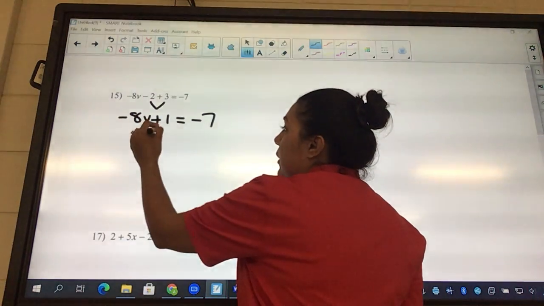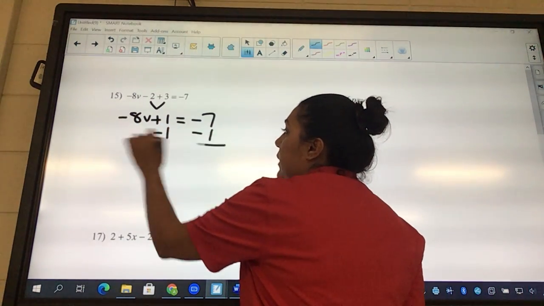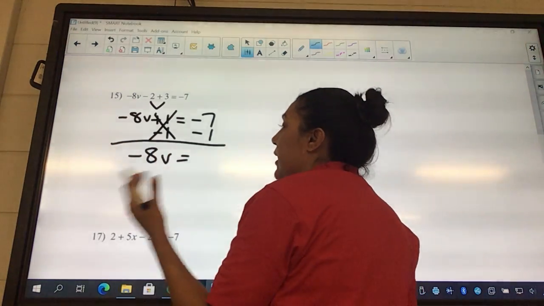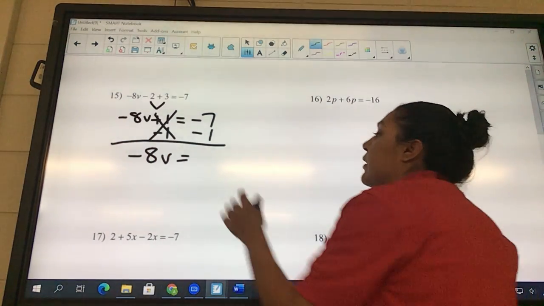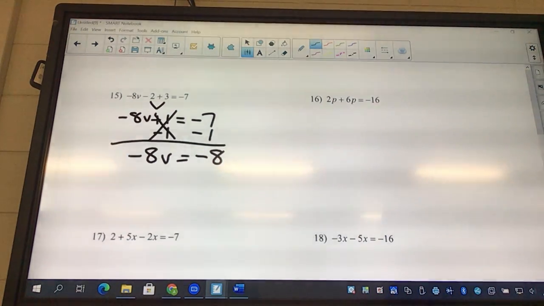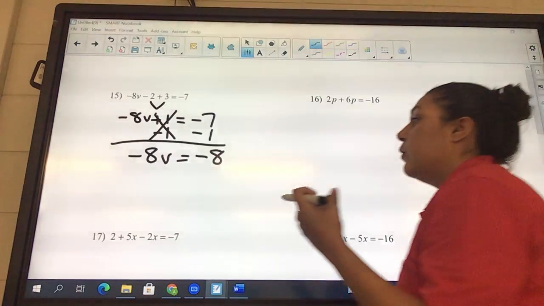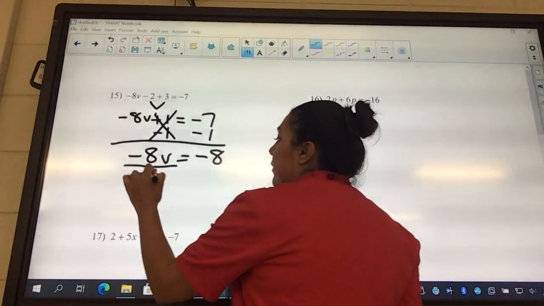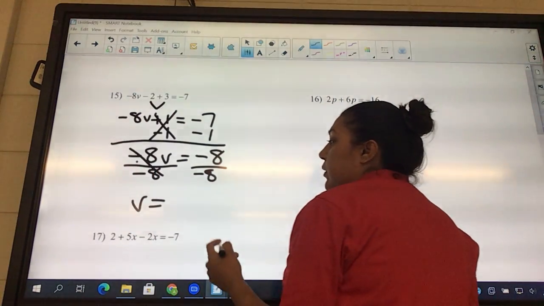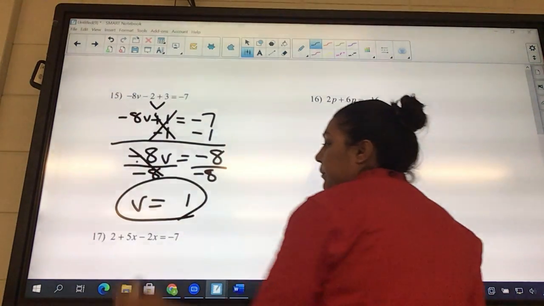It says +1, so we need to subtract 1. So I get -8b equals -7 minus 1, which is -8. Then we're ready for that breakup. We divide by -8, so I get b equals a positive 1.